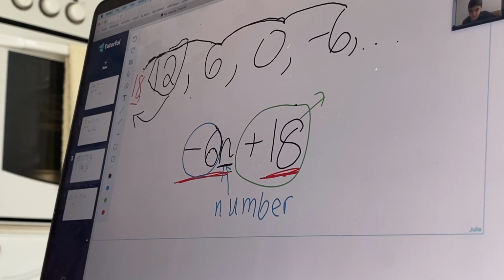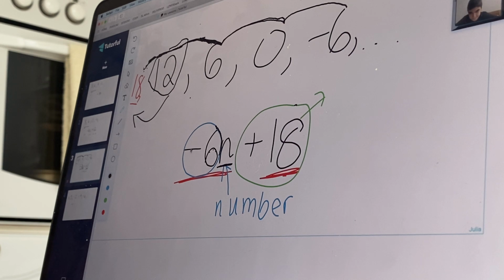Not quite. Yeah, so we have to go 20 steps, so that's correct. But every single step we're taking away 6. So to get to the 20th step, how many times have we taken away 6? 20. Yeah, 20 times.